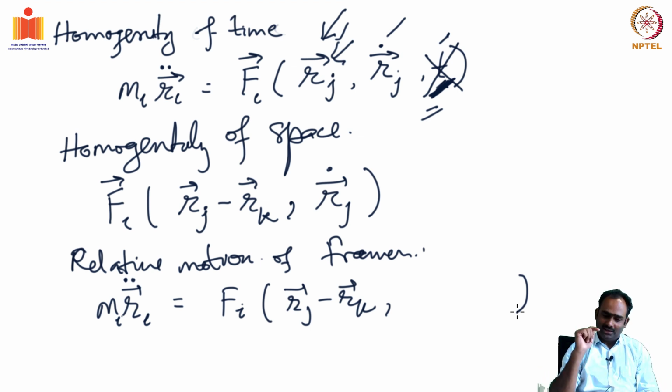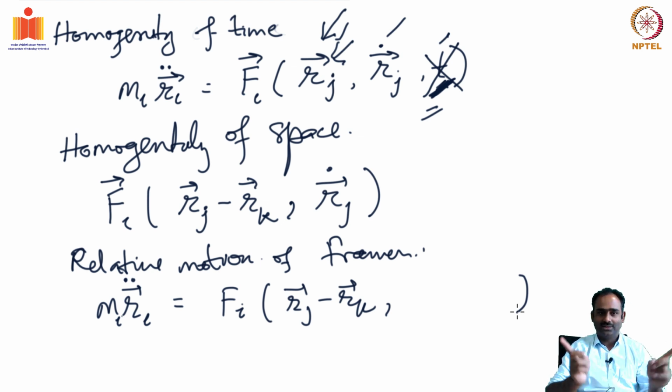So clearly, because the physics is not going to change, the force should not care about what the velocities of each of the particles are in a given frame. What it should care about is only the relative velocities, because when you go from one frame to another which are moving with respect to each other, the relative velocities are not going to change.